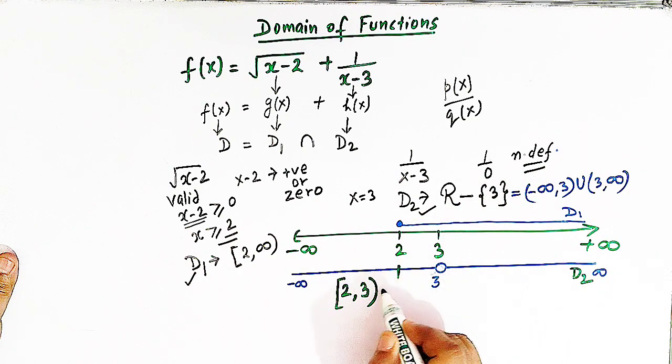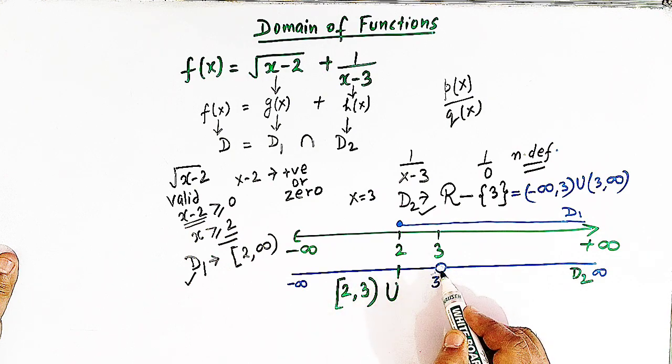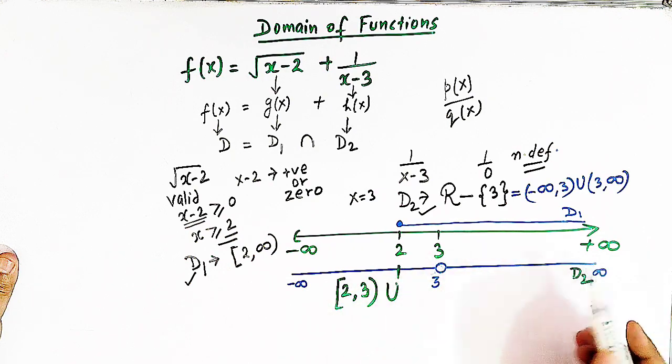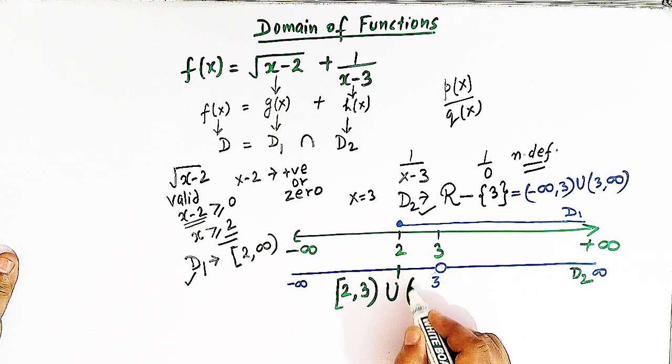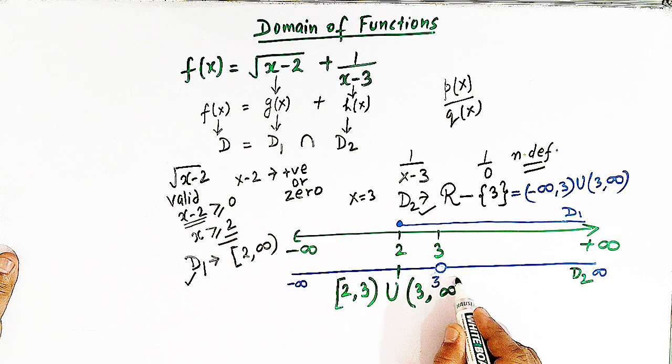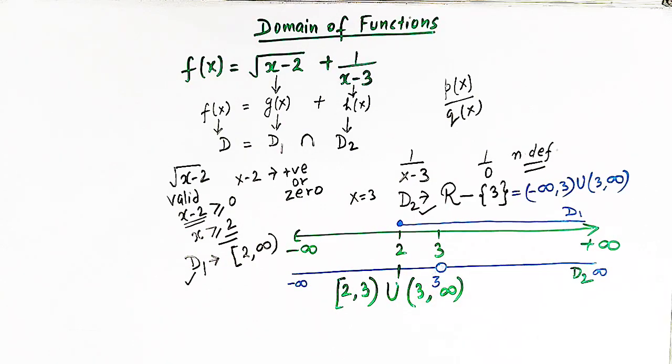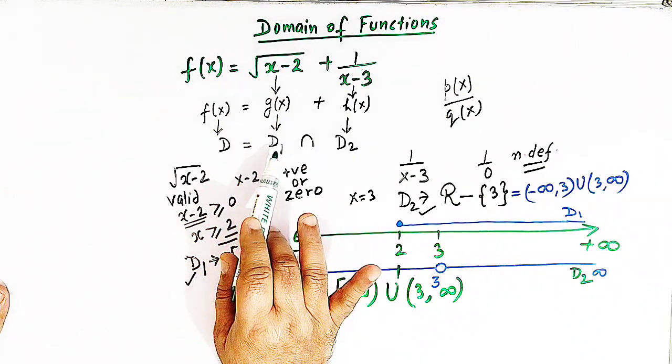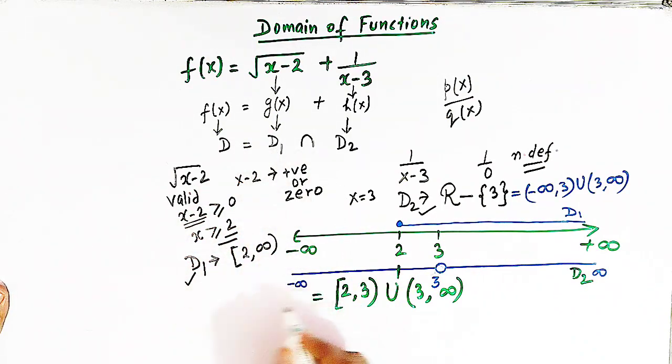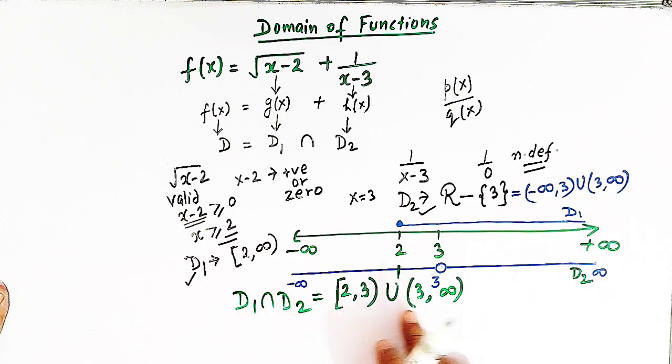Then we take the union with the interval from 3 to infinity. Here we have an open interval, which implies that 3 is not included. So the intersection of d1 and d2 is the union of these two intervals.